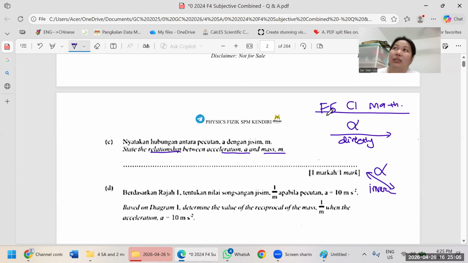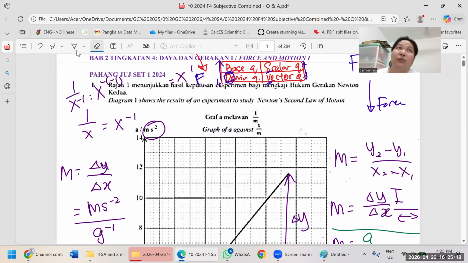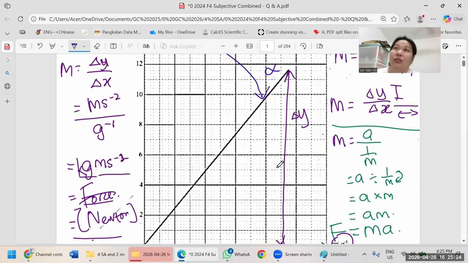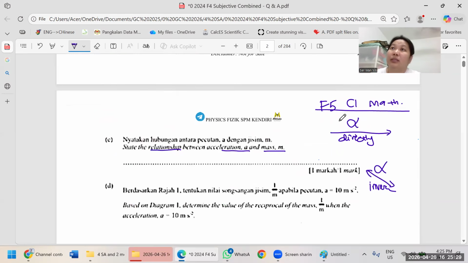So now, let's see how to write the relationship. It's a straight line, so we write A is directly proportional to 1 over m. So this is direct.